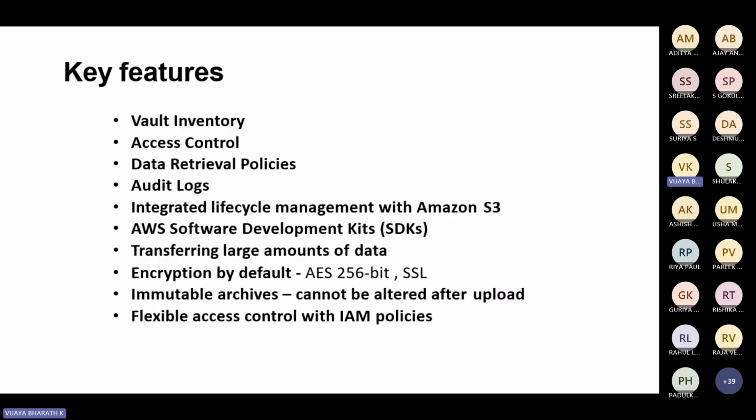Key features include vault inventory, access control, retrieval policies, and audit logs. It also has integrated lifecycle management with Amazon S3, like how to set policies, for example over a period of time.